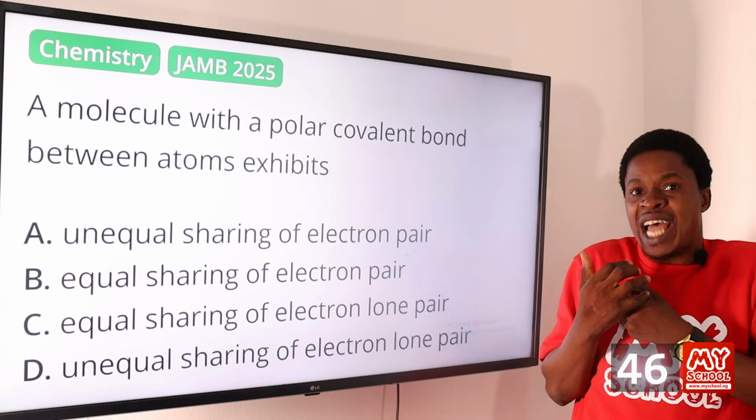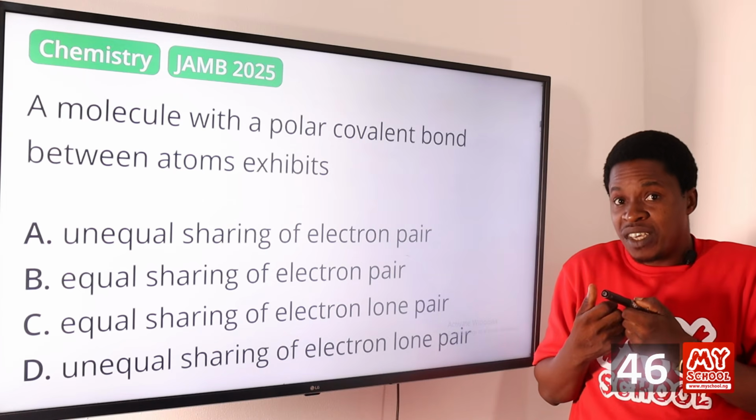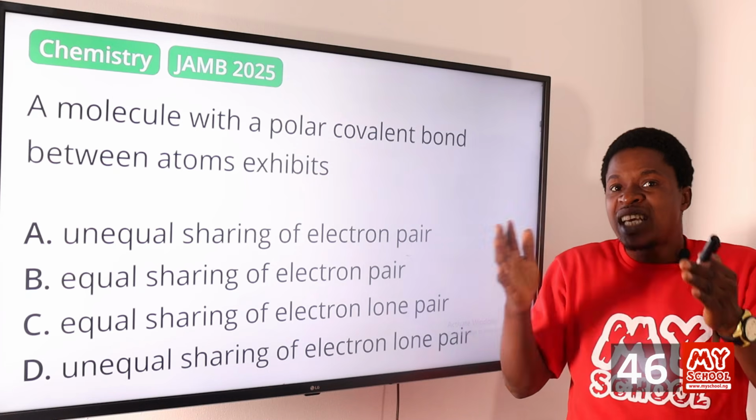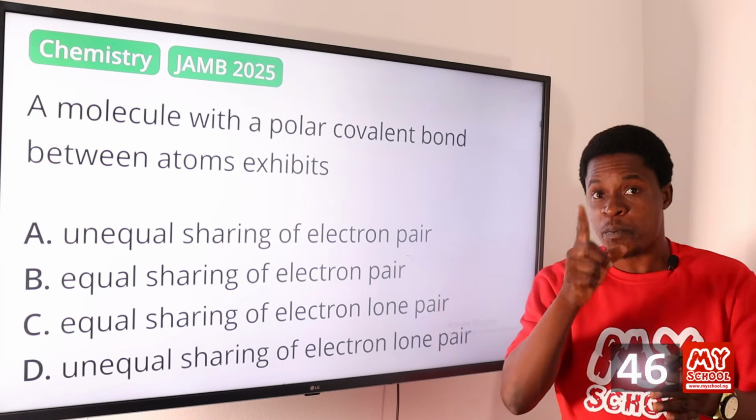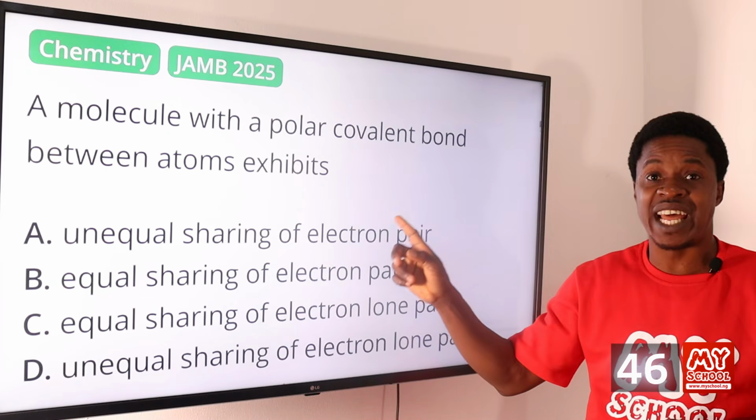Because it spends more time closer to the highly electronegative one, this accounts for the unequal sharing of the electron pair. So that is what option A says.